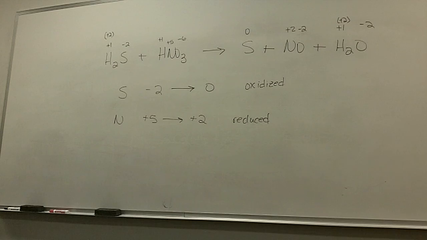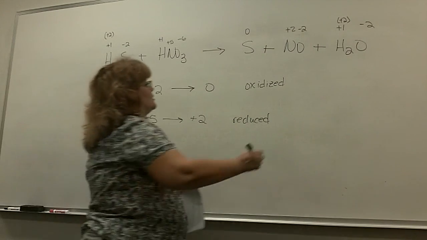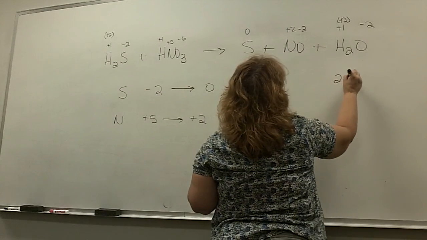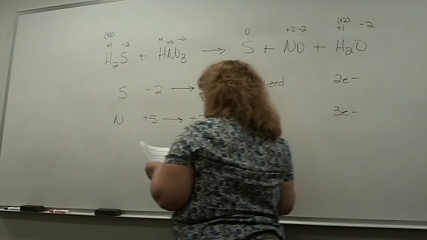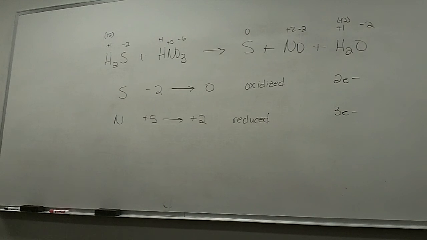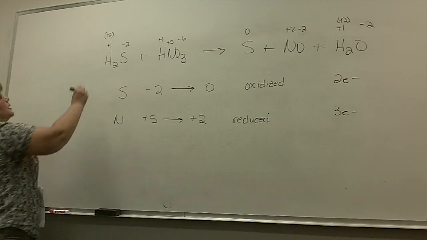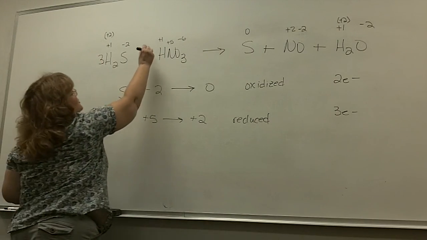So we've got 2 electrons here and 3 electrons on this side. So you need to multiply all the sulfurs by 3 and all the nitrogens by 2 to get the common denominator of 6.